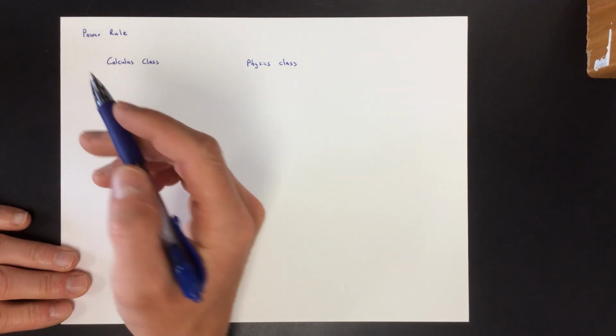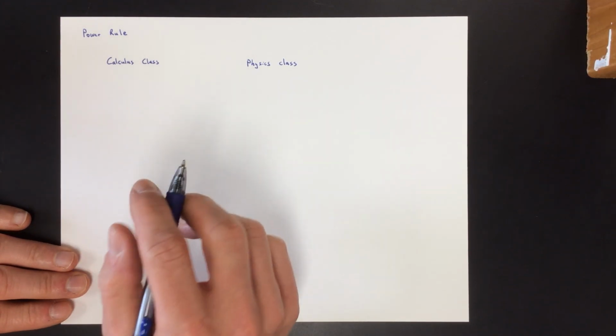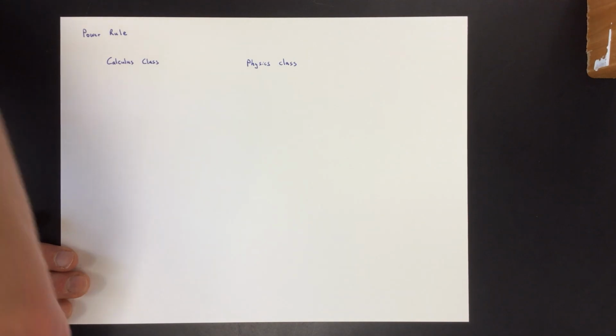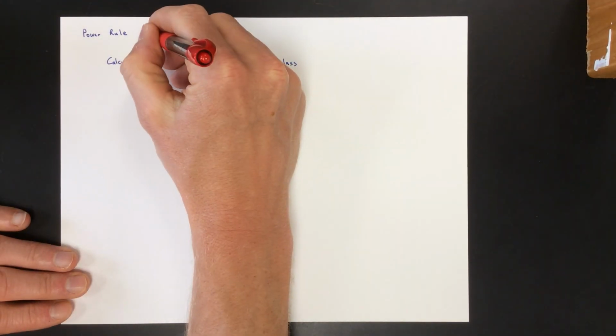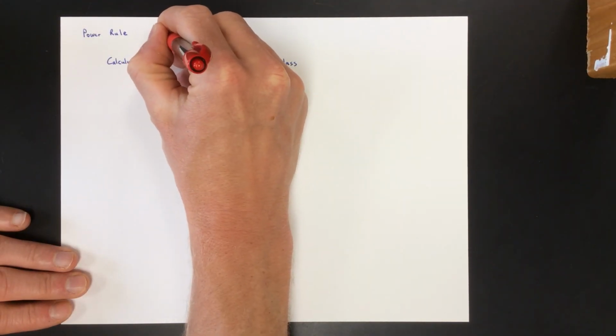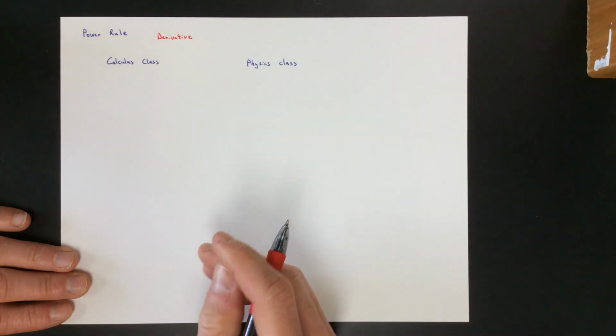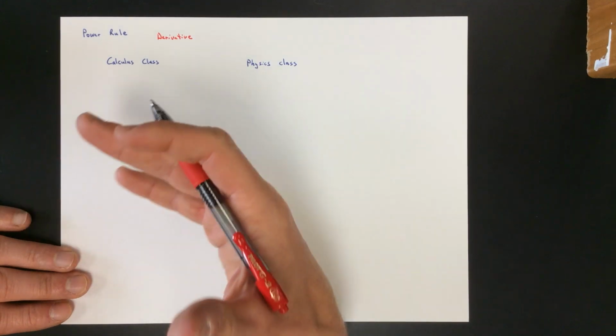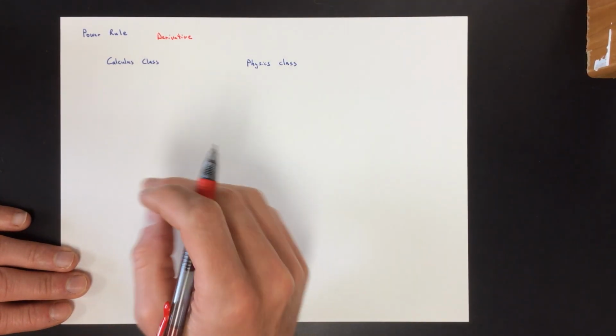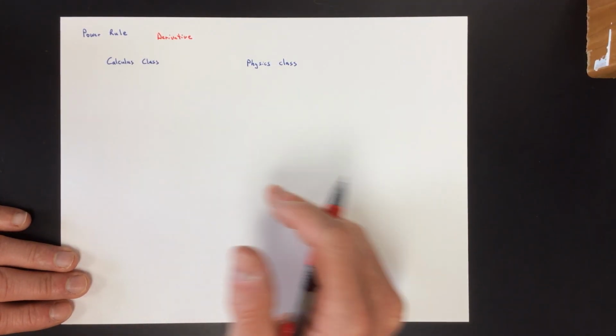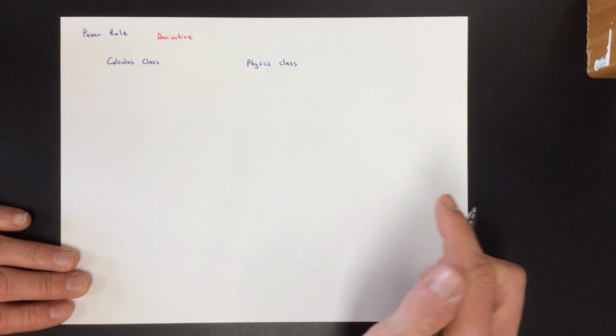So the power rule is a rule that describes how to find the derivative. And we have to decide what a derivative is. So what is a derivative? Taking a derivative, or finding the derivative, is finding the equation for the rate of change of something. And there's lots of ways to say it.